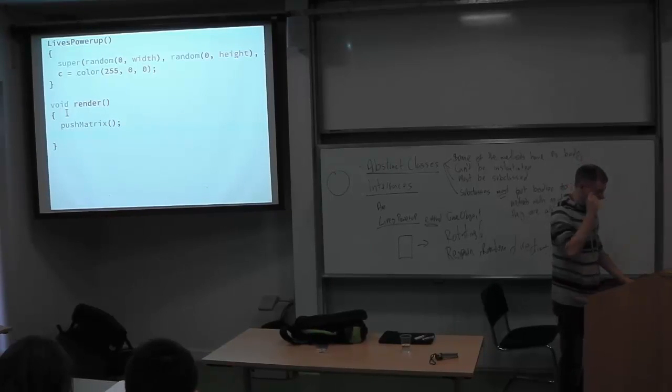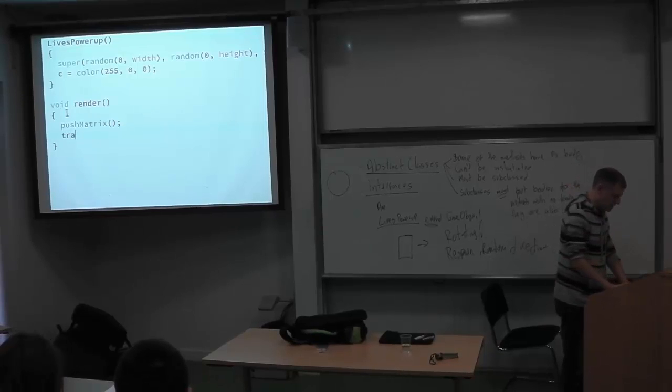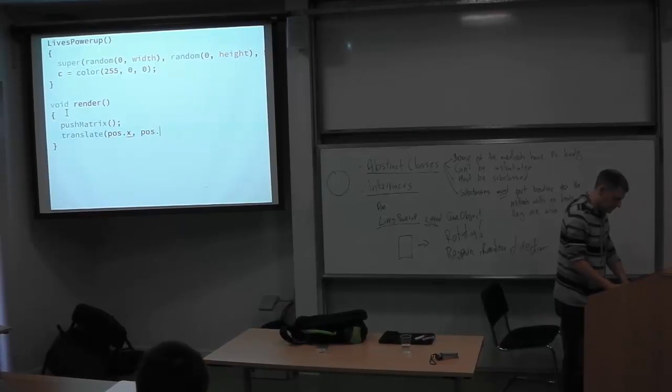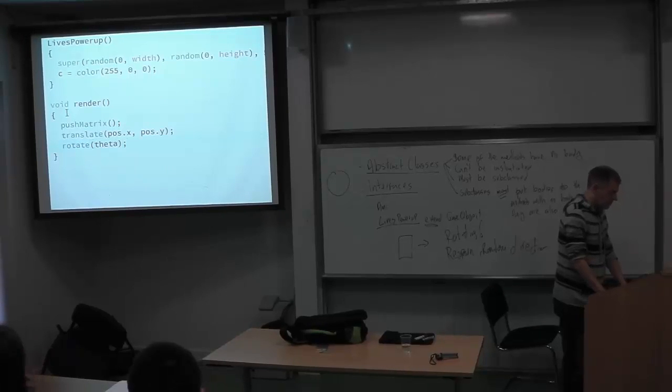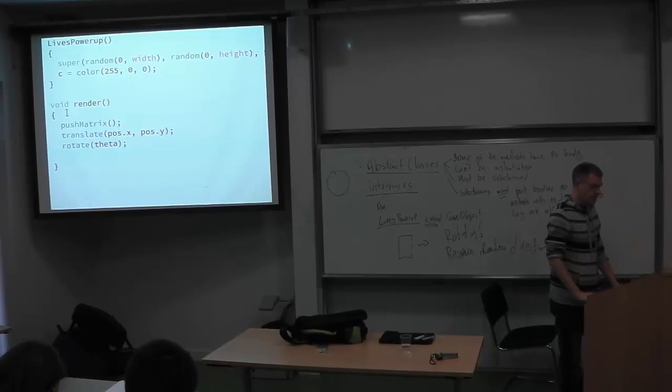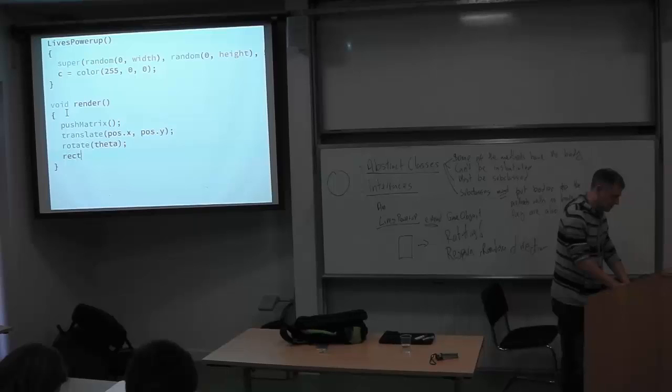So this will store the existing translation and rotation. Translate to pos.x and y. We'll rotate. We rotate theta. Now we want to draw a box. So let's go rect. So yeah, let's just draw our rect.